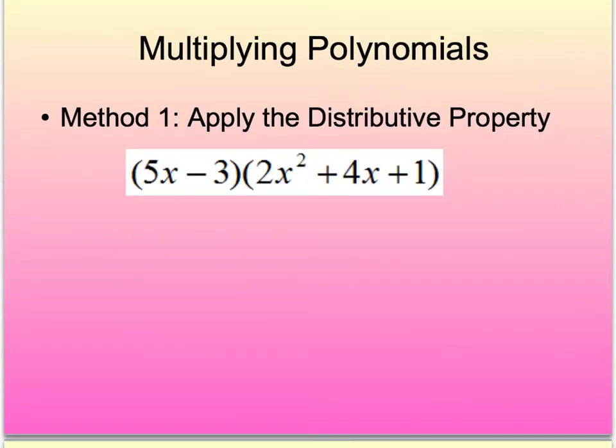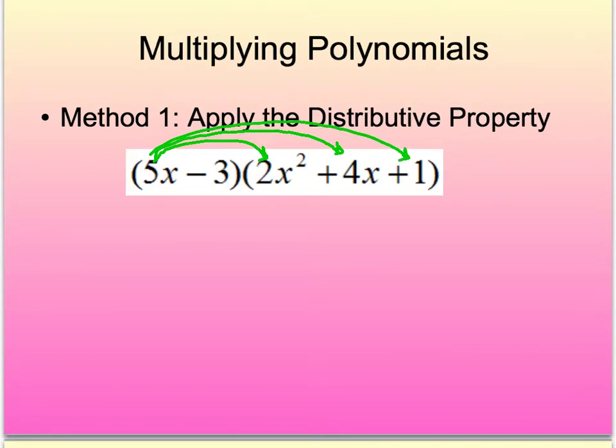Okay, our next example here is a binomial times a trinomial. And you can also do this one of two ways. The first one we're going to do is just distributing. So we're going to take the 5x and we're going to give it to everything in the second parentheses.